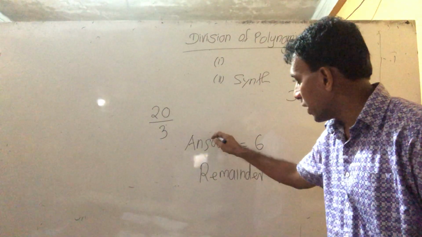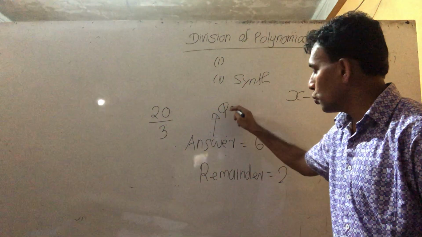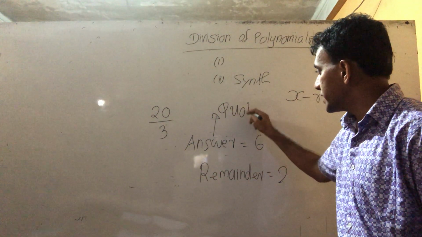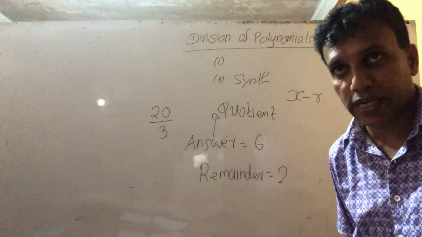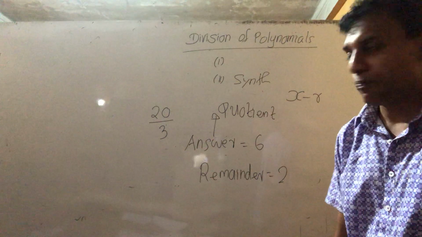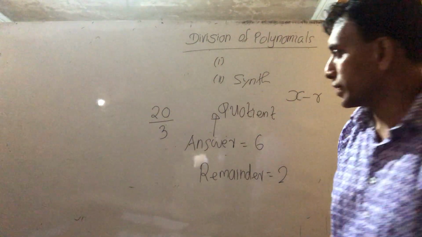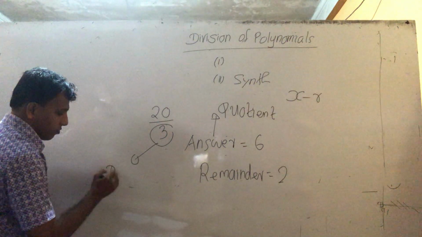That means we call the answer by another term, quotient. Remainder is okay. And what do you mean by divisor?